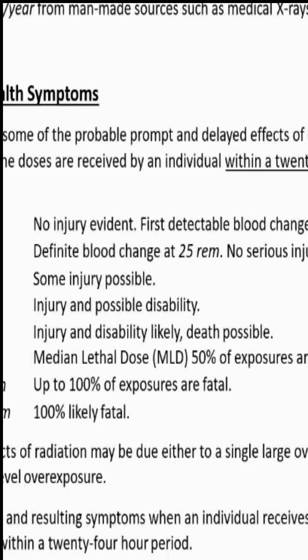100 to 200 rem, injury and possible disability, means your blood will start giving you signals of some problem in your body, and those signals may be nausea, maybe oversleep, maybe uneasiness at work, maybe some type of pain in some of the body organs.